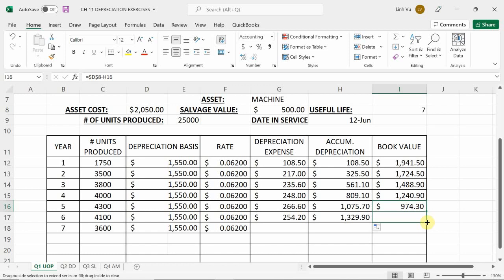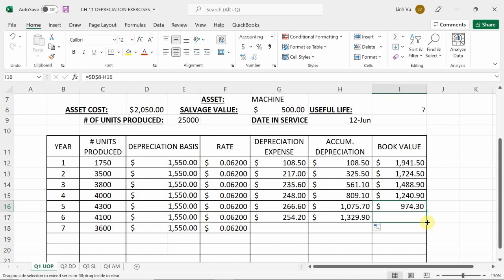It has to be less than 1,000. This one, 139.90. Correct? No. 1,329.90.